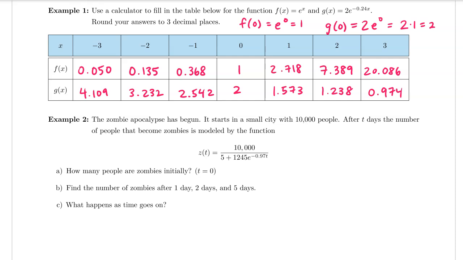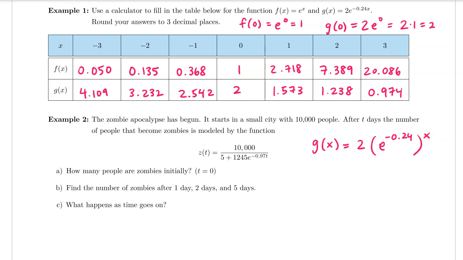Now, one thing that you might notice is that in f of x, our y values are increasing as we increase the x values, and our g of x values are decreasing as x is approaching infinity. The reason that the g values are decreasing is if we write out our g function, g of x is equal to 2 times, and then our common ratio is e to the negative 0.24, and then our exponent is x.